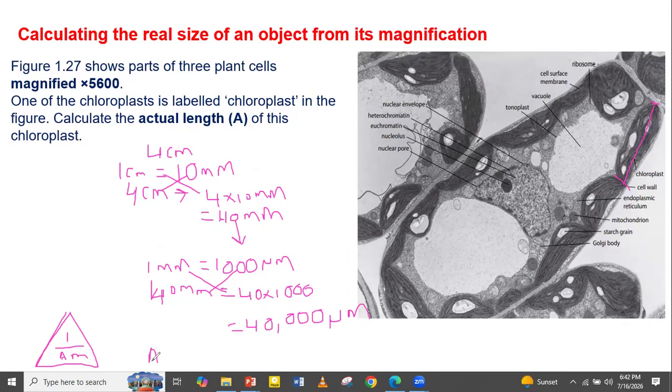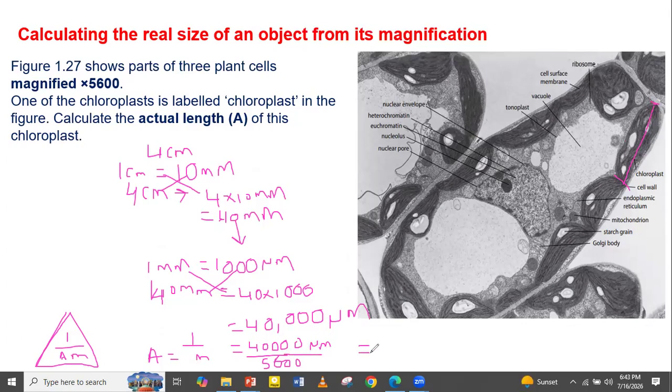So actual is equivalent to I over M, which is the 40,000 we have obtained divided by 5,600. Remember, you're dividing micrometers by magnification.